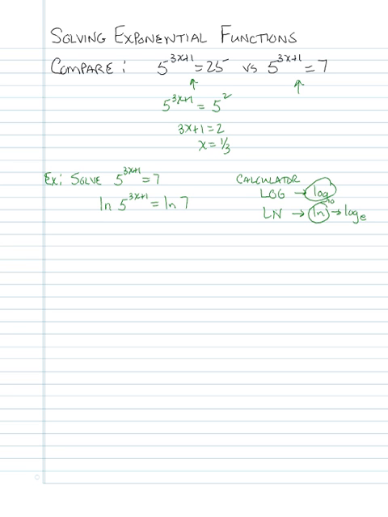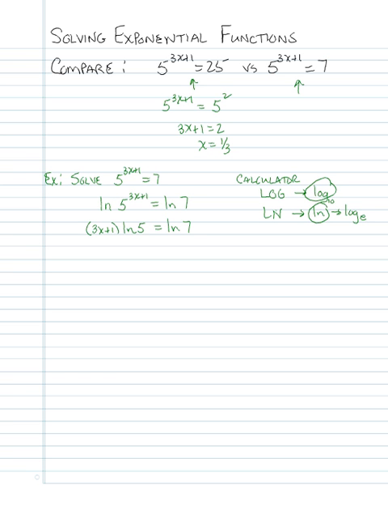Okay. Well, we proceed now. Because of what we've done, we can bring that exponent down as a factor in front of the logarithm. As we do that, remember that exponent needs to be put in parentheses, otherwise it would just look like we're multiplying the 1 in the natural log of 5.